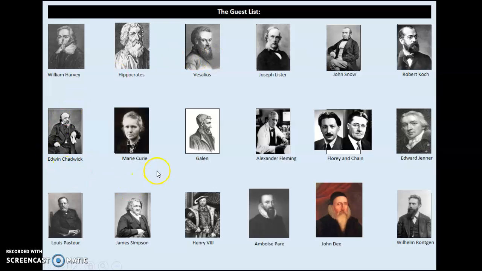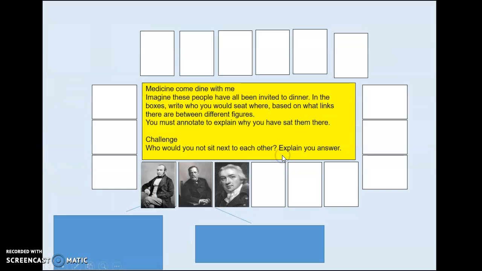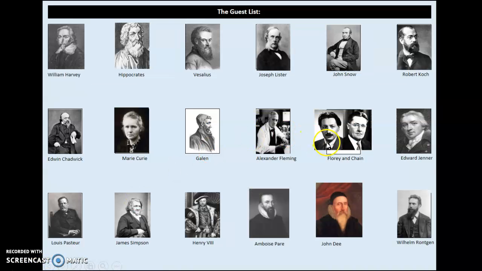We've also got an image of Alexander Fleming, the accidental inventor of penicillin. Robert Koch, who developed many vaccinations following on from the work of Louis Pasteur. Edwin Chadwick, the public health advocate of the 19th century.